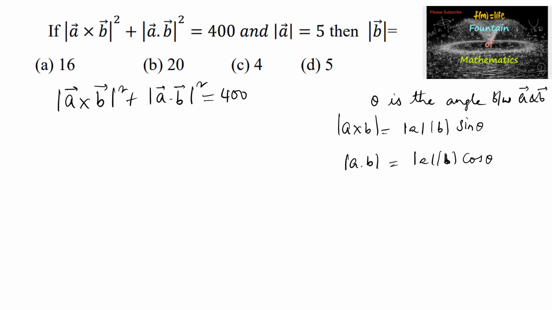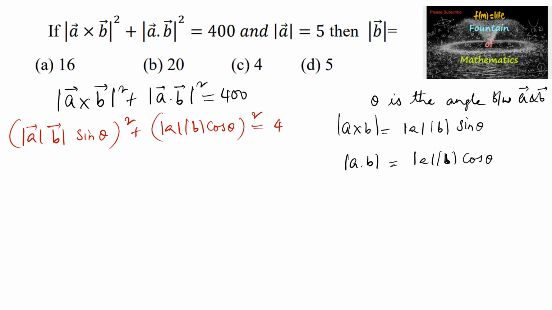So we'll get mod a mod b sine theta whole square plus mod a mod b cos theta whole square, which is equal to 400. So we get mod a square mod b square sine square theta plus mod a square mod b square cos square theta is equal to 400.